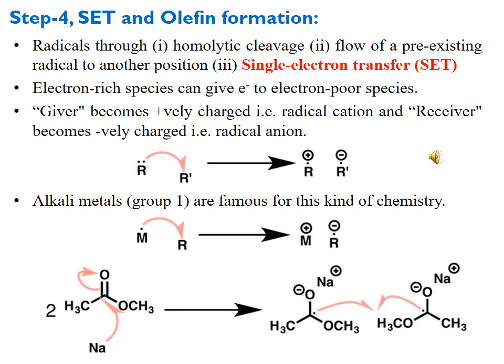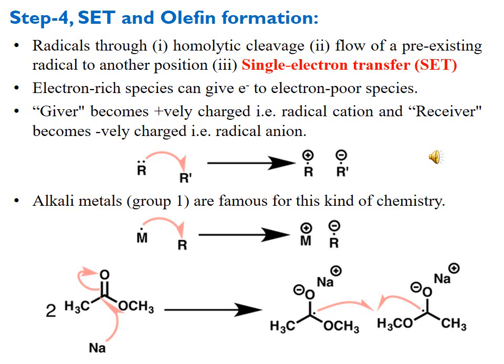and that is called a radical anion. Here is an example to explain this more clearly: sodium reacts with methyl acetate in such a way that it gives one electron to the carbon of the carbonyl group, and the pi bond is broken and oxygen gets the negative charge. Now the carbon has an odd number of electrons. Similarly, the second molecule also has this.